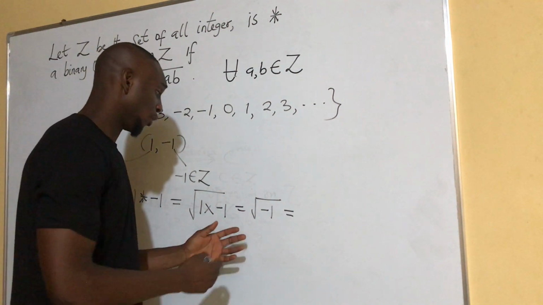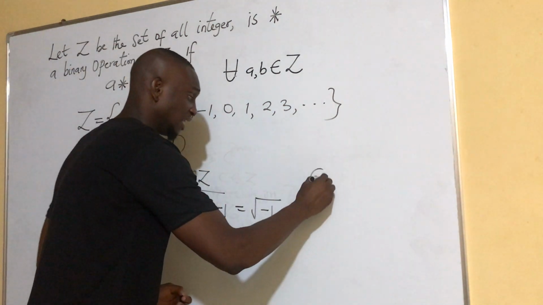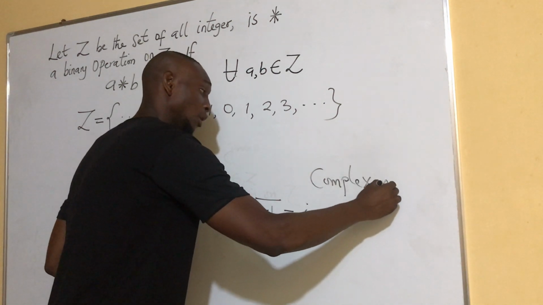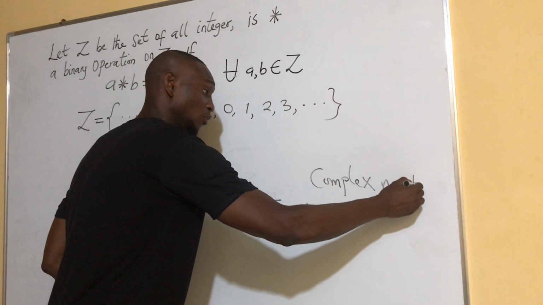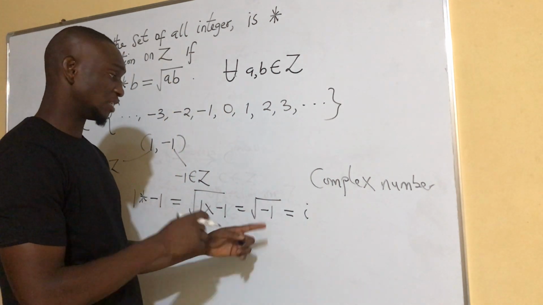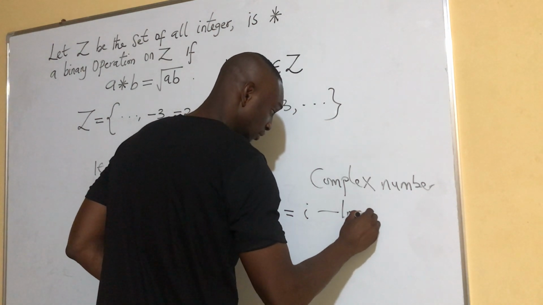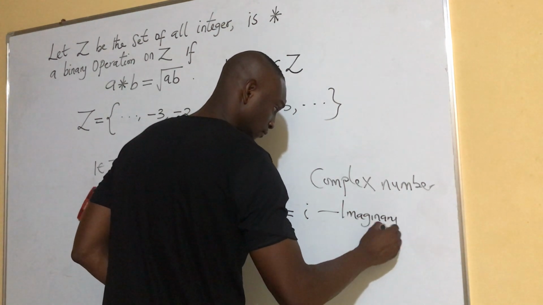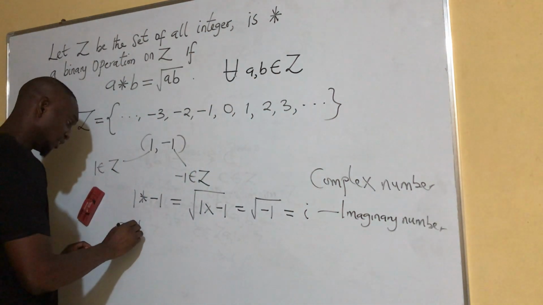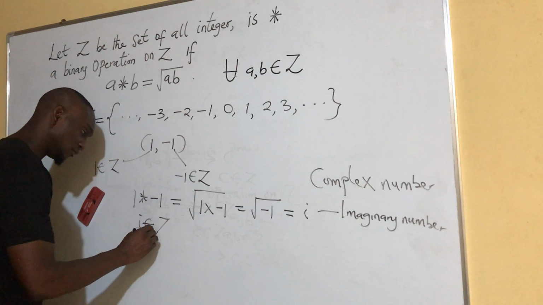We call it I, from the concept of complex number. We call this I, the square root of minus 1, which is an imaginary number. And you see that I itself is not an element of Z.